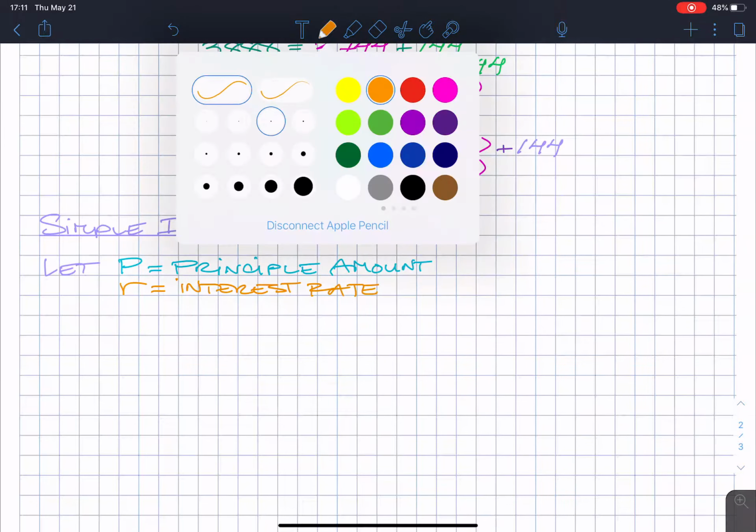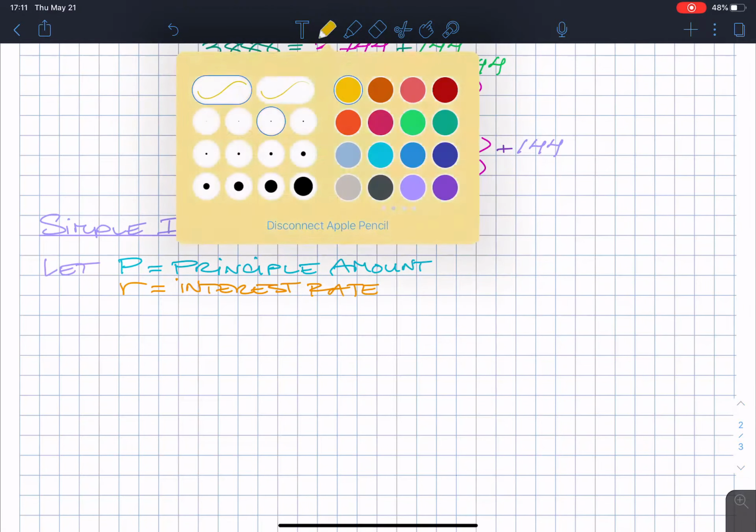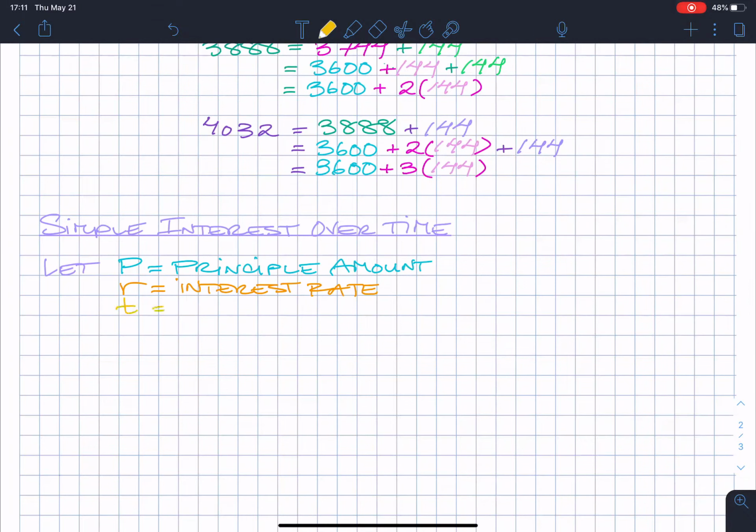Let's let T be the number of times the rate has been applied. So the number of times the rate has been applied.